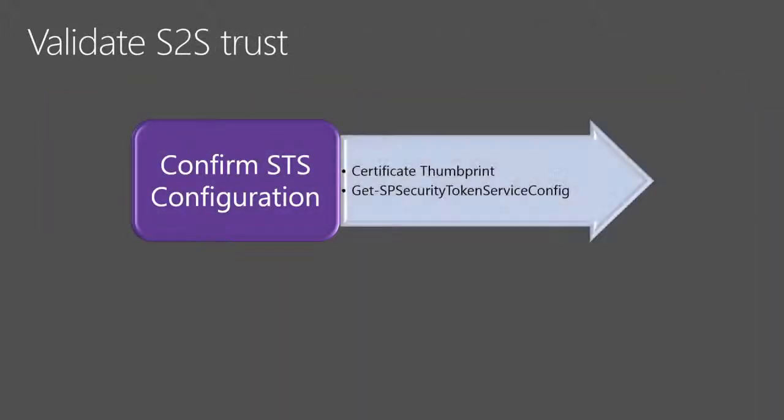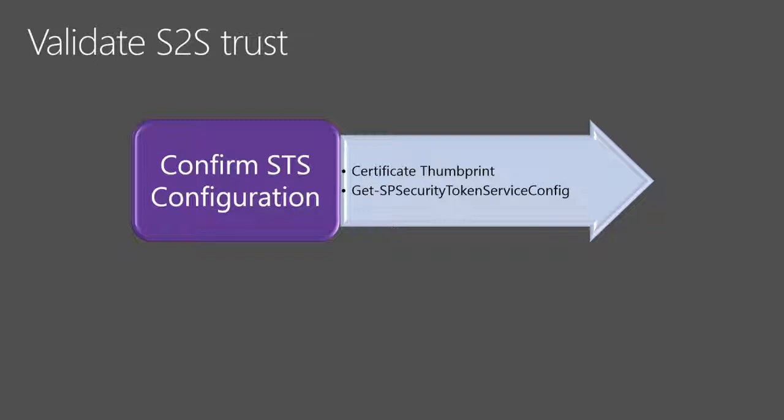So you need to confirm, and here we are discussing when hybrid is broken, right? From a server-to-server authentication perspective, you need to confirm that the certificate thumbprint which you have used for your on-premises STS and online authentication is exactly the same, and there is no mismatch.